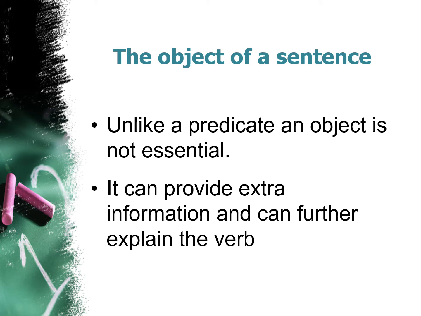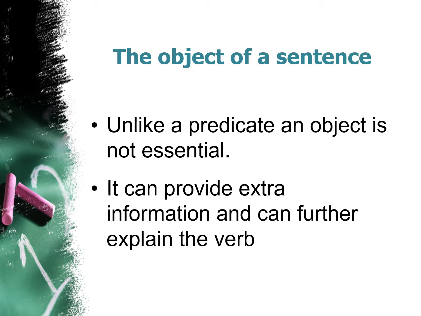The object of a sentence. We've mentioned objects a couple of times now. Each time we've directed them back toward the verb. So unlike a predicate, an object is not essential. It can, however, provide extra information and can further explain the verb in the sentence.